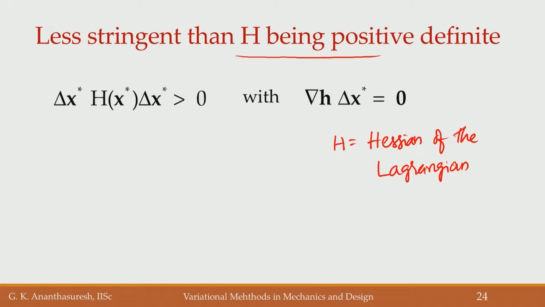Okay. That being positive definite is what we are saying, along with this constraint, that is, for those perturbations that satisfy the equality constraints, first order term being equal to 0, and the active inequalities.